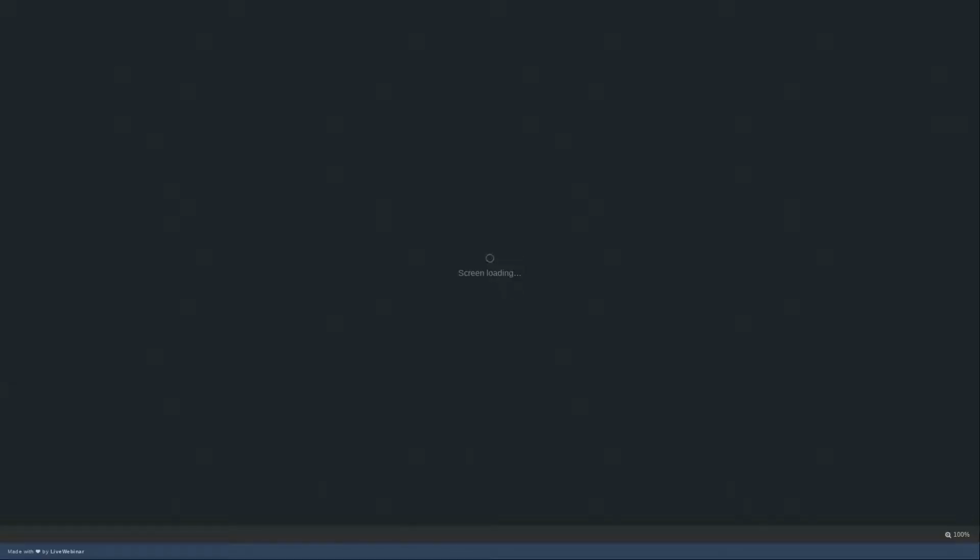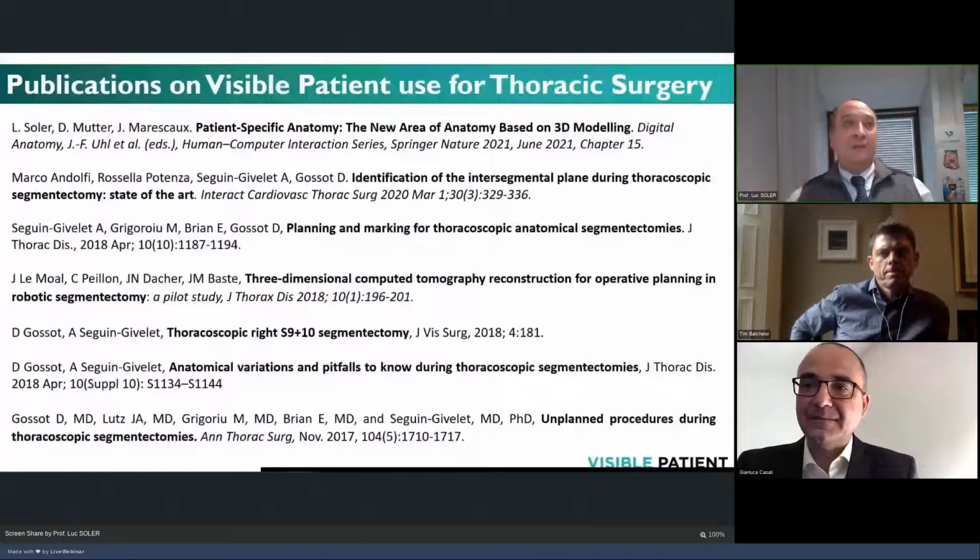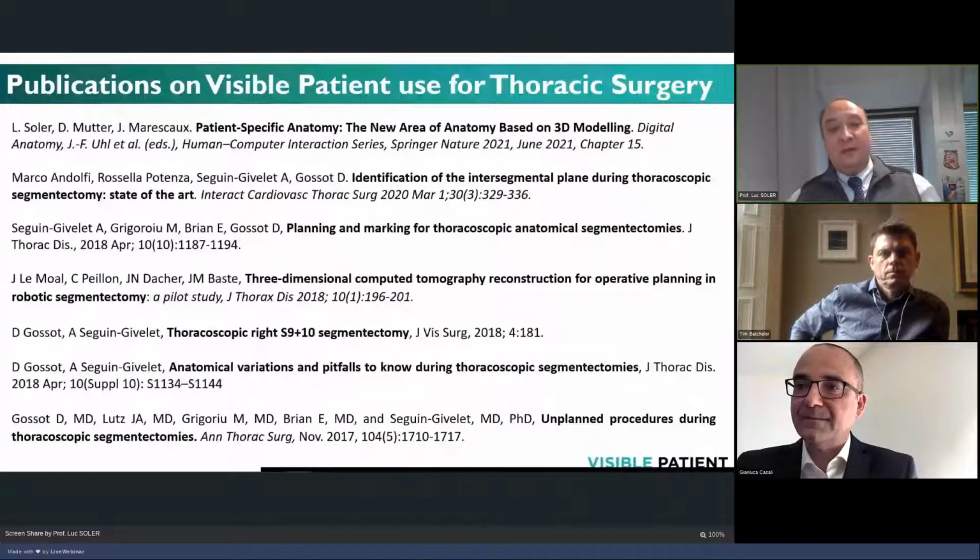Today, no such comparison has been performed. What has been shown is that it simplifies the segmentectomy. It avoids errors, essentially, because you know in advance the specific position of arteries and veins, and it is really the main benefit you will have.